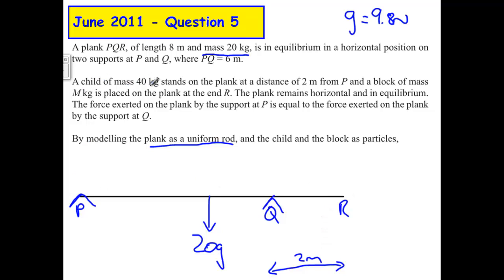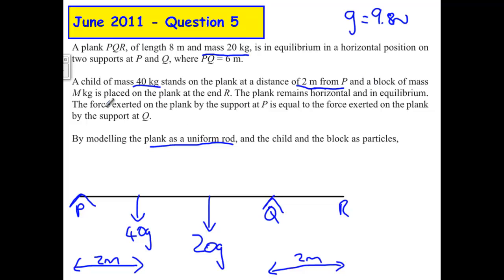Now a child of mass 40 kilograms stands on the plank at a distance of 2 meters from P. So this mass of 40 kilograms will create a force of 40 times G acting downwards, and this is at a distance of 2 meters from P. So I'm going to label this as 2 meters.